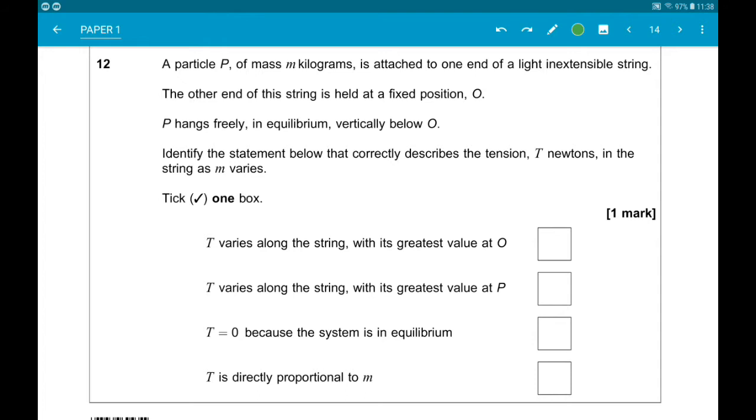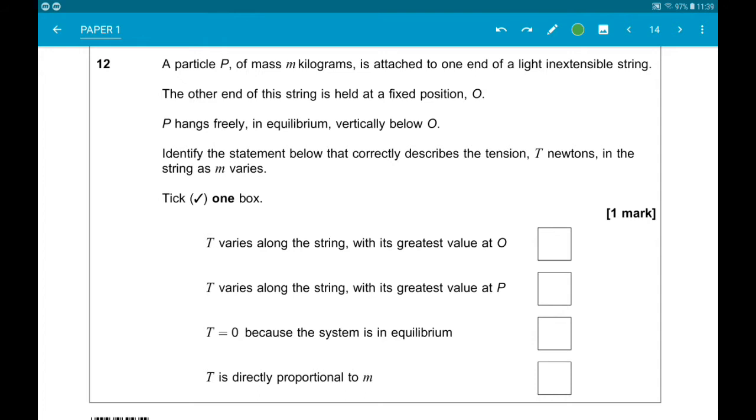So first up, T varies along the string with greatest value at O. So if you're taking your string to be light, tension is constant. So that rules out the second one as well.